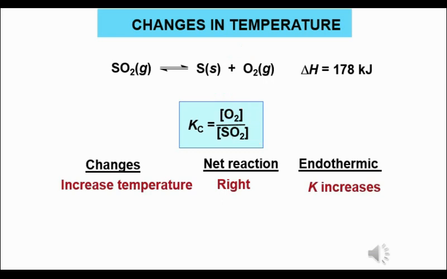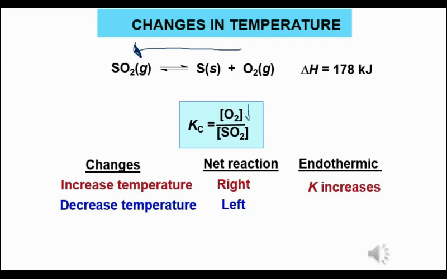Next, let's look at when we decrease the temperature in an endothermic reaction. We know that decreasing temperature will shift the equilibrium position in an endothermic reaction to the left. What does it mean? It means that our concentration of product will decrease and our concentration of reactant will increase.